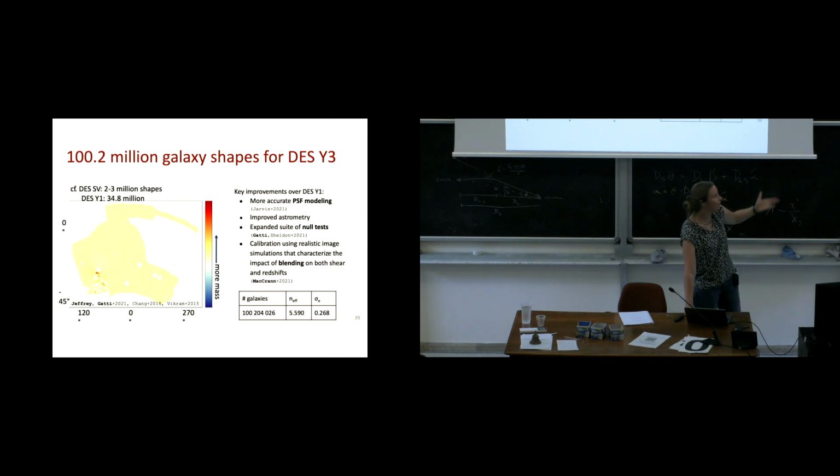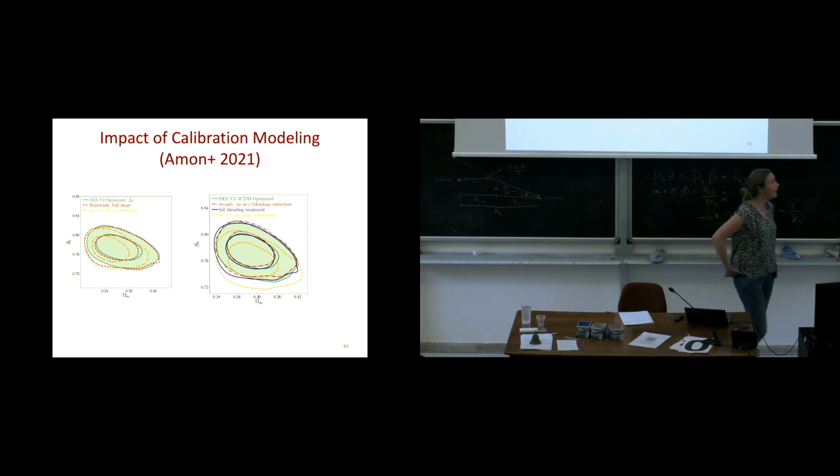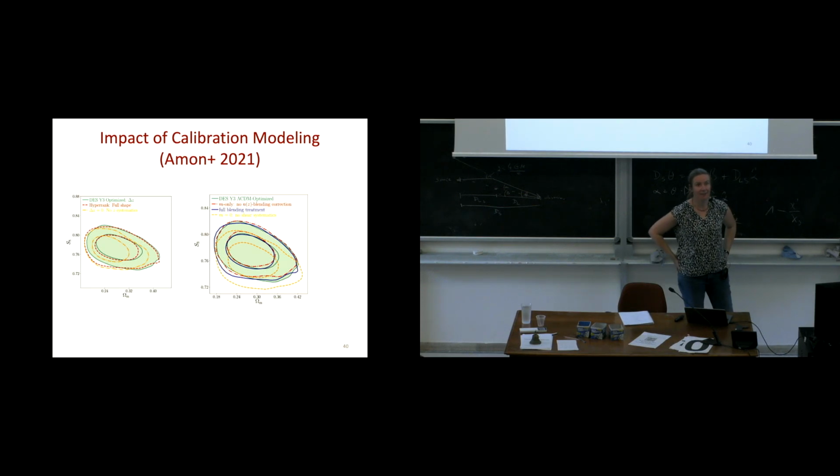And there was massive effort going into calibrating these uncertainties in the shear measurements through image simulation. And the good news is all these observational systematics are so well calibrated that we think they're subdominant.